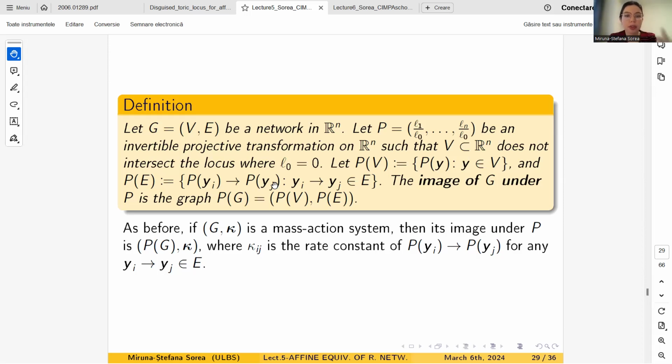So in terms of graphs, abstractly, this is the definition for the image of a graph under an invertible projective transformation. Just like before, by definition, the new graph inherits the reaction rate constants, Kij, respectively for each reaction.